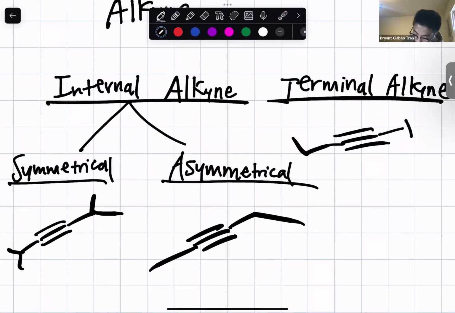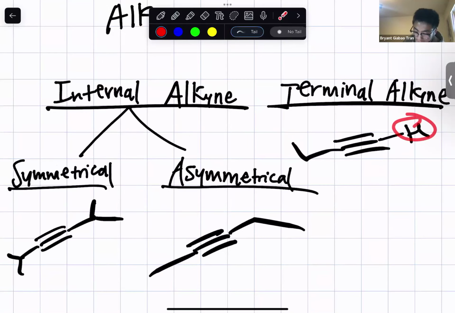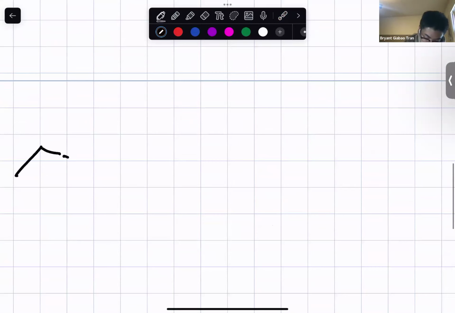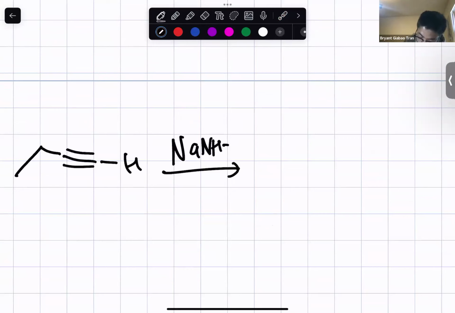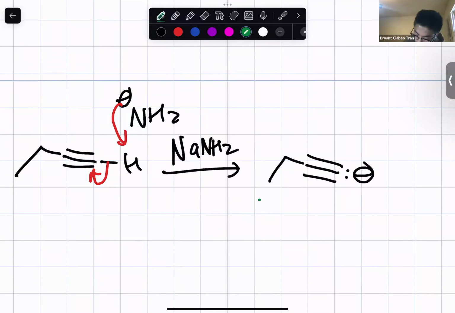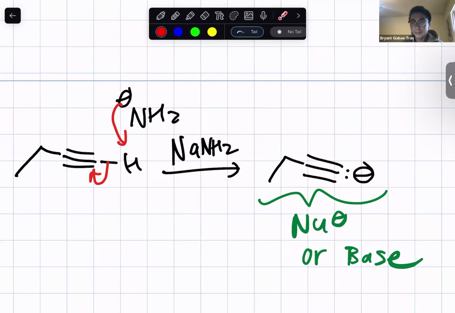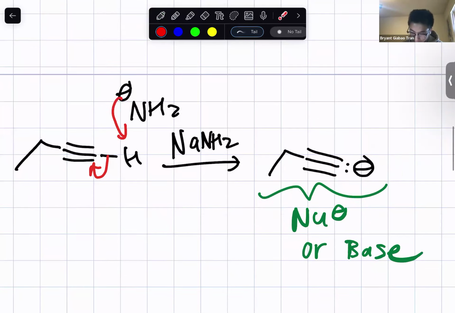And that hydrogen right there is acidic, meaning that if we use some kind of strong base like NaNH2, we can deprotonate that acidic hydrogen and give that carbon a negative charge. And this negative charge can be your nucleophile or your base, where this nucleophile can attack an electrophile or it can grab a proton from an acid.